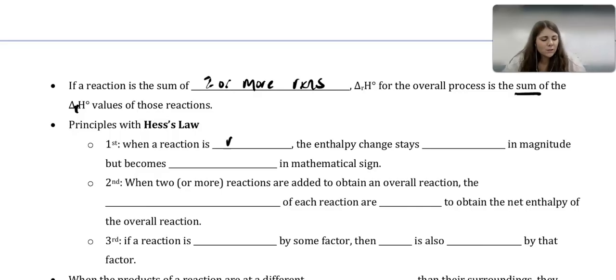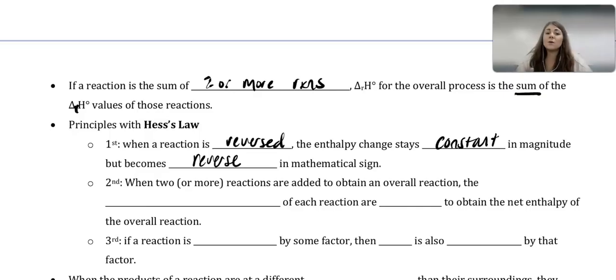When a reaction is reversed, so instead of going the forwards direction, we're now going in the reverse direction, the backwards, the enthalpy change stays constant in magnitude. So the value itself will not change. The only thing that changes is the mathematical sign. So we will reverse the mathematical sign. So here, if it was endothermic going in the forwards, it will be exothermic going in the reverse.